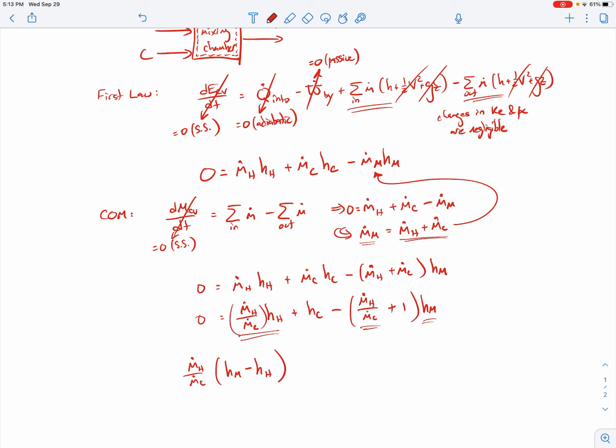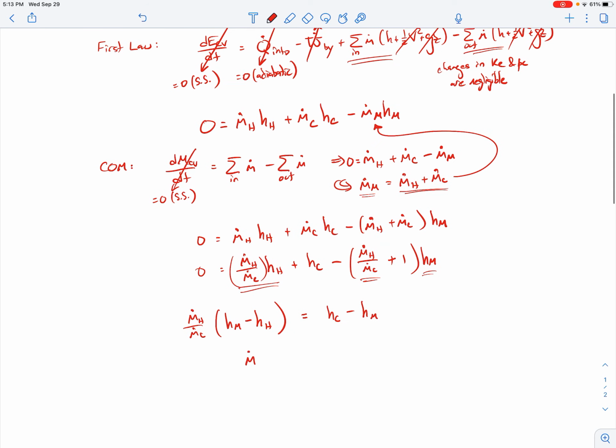I'm just doing some algebra here, is equal to hc minus hm, and then I can solve for my ratio of mass flow rates. So this will be hc minus hm all over hm minus hh. Okay, so that's how I'm going to find my ratio of mass flow rates if I've done all my algebra correctly.